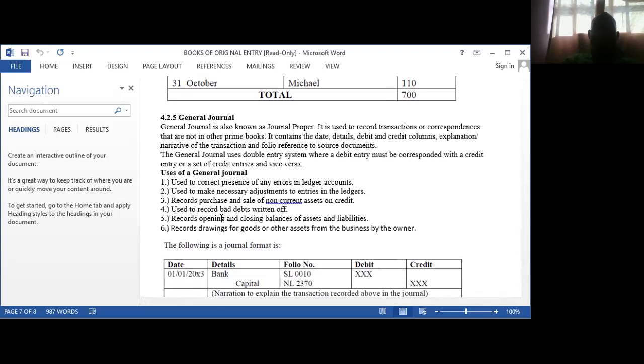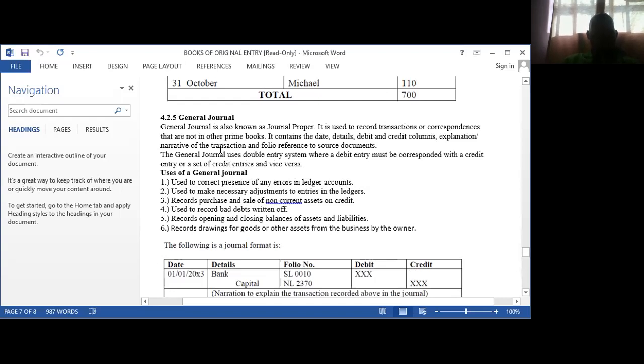You'll find that these items need to be recorded in the general journal. Sales and purchases of fixed assets on credit terms are all going to appear here. Also things like bad debts written off are going to be recorded here. Correction of errors is also going to appear in the general journal.